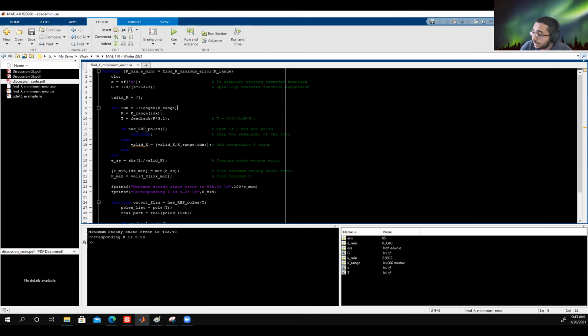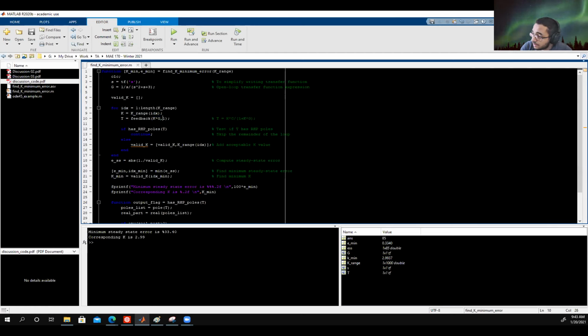And then at each entry, we just pull out the value for k, and then we compute the closed loop transfer function using the function feedback, which takes in two arguments. In this particular syntax, in the first argument you put g, and in the second one you put 1.